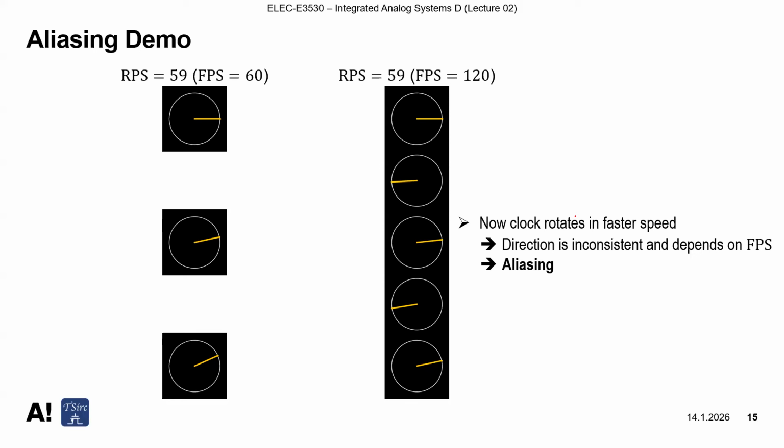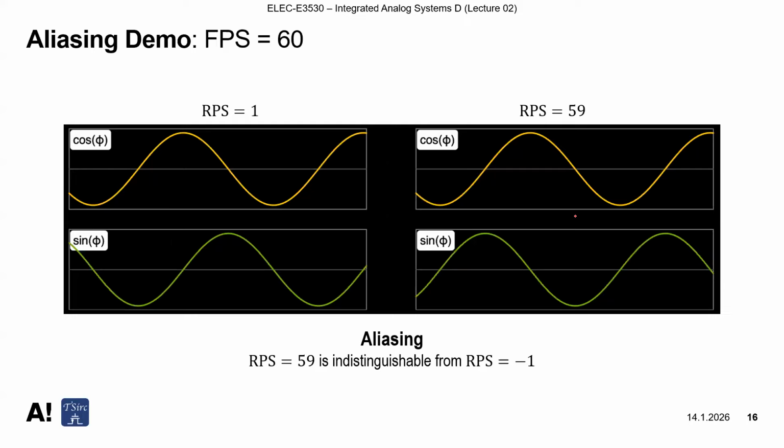So now the clock rotates at a faster speed again, and the direction is inconsistent and depends on frames per second. As we checked, when aliasing happens, RPS equal to 59 is indistinguishable from RPS equal to -1.